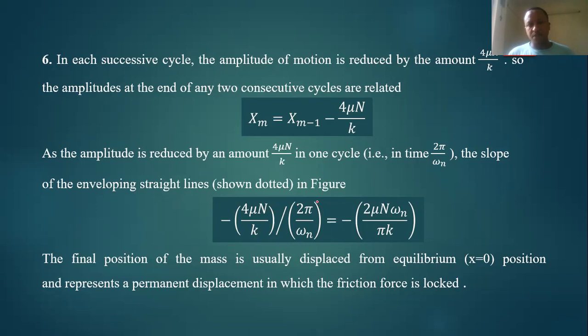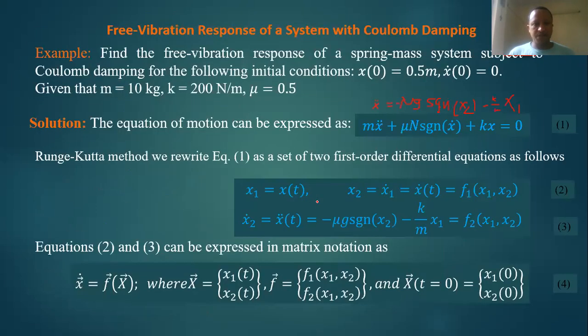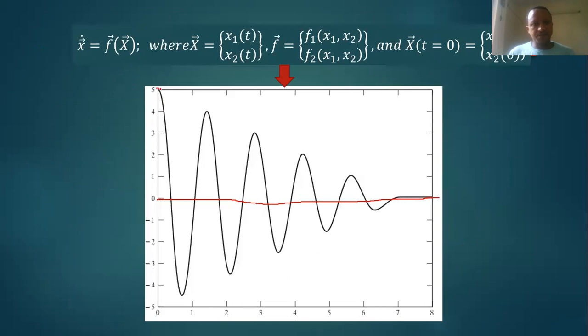That is the slope. If I draw this line like this, the slope is delta y over delta x.